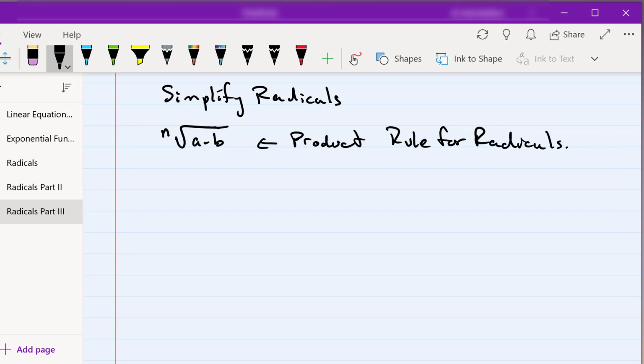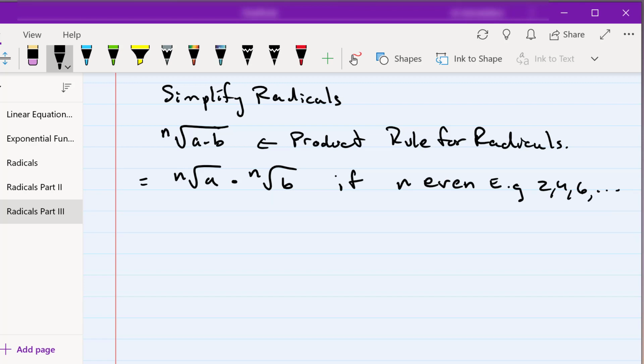When we encounter something like this, we can say that this is equal to the nth root of a multiplied by the nth root of b. And we can say that if n is even, example 2, 4, 6, etc., then a and b must be greater than or equal to 0.